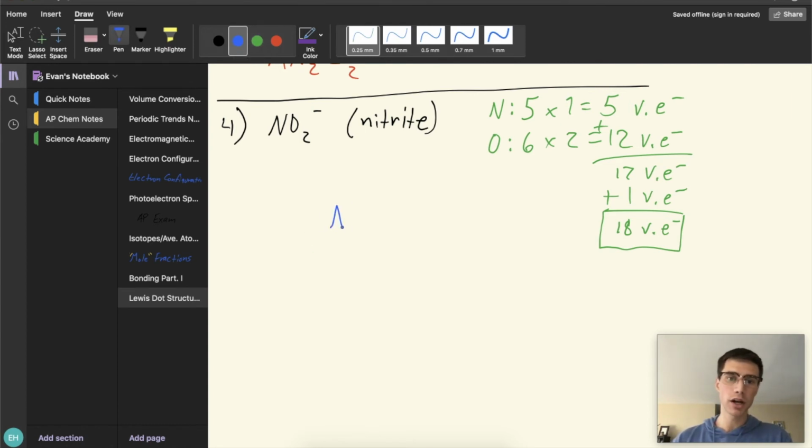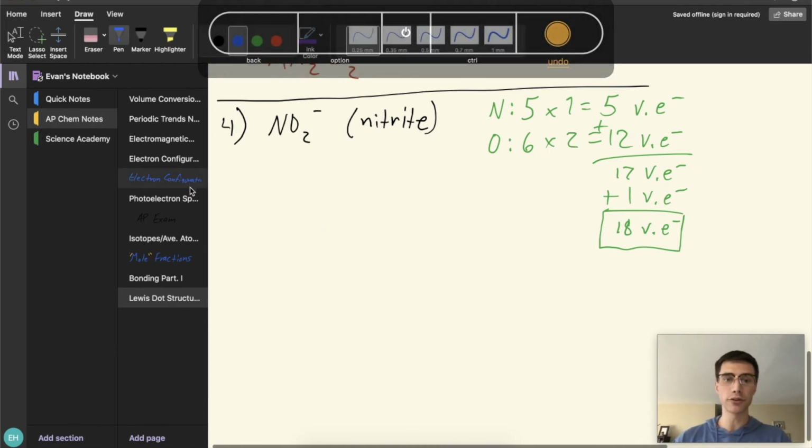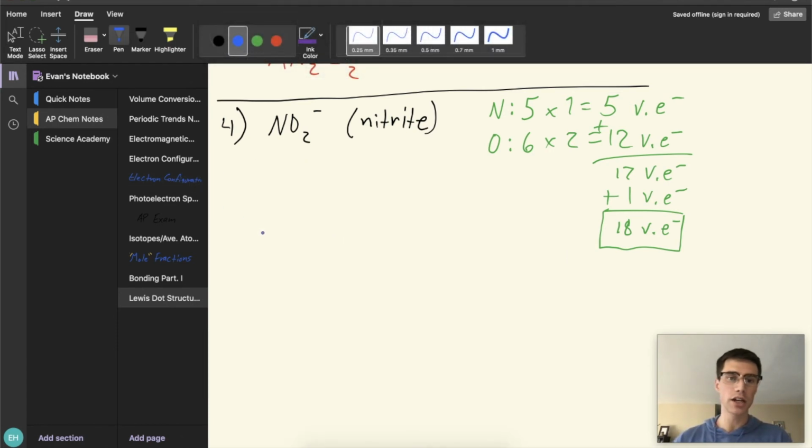So here is my nitrogen, and this problem is actually going to be a little bit different because I'm going to talk about something that's kind of new to us. So nitrogen has 1, 2, 3, 4, 5 valence electrons. Now, what you might notice here is that there are 3 boxes that need to be filled, and we only have 2 other atoms in this molecule.